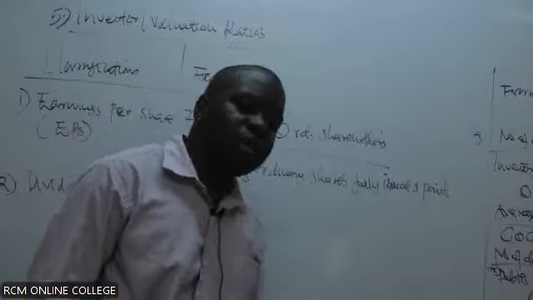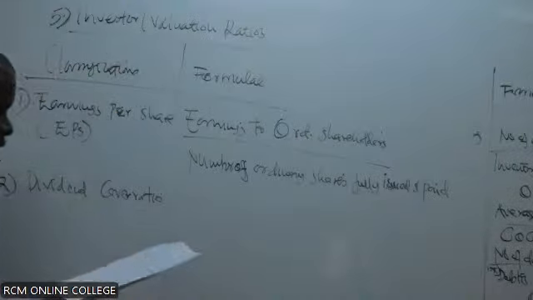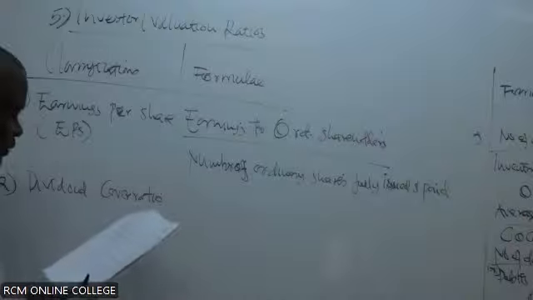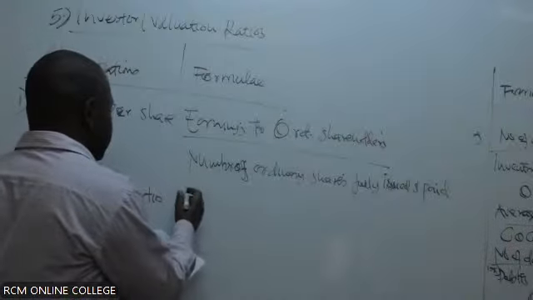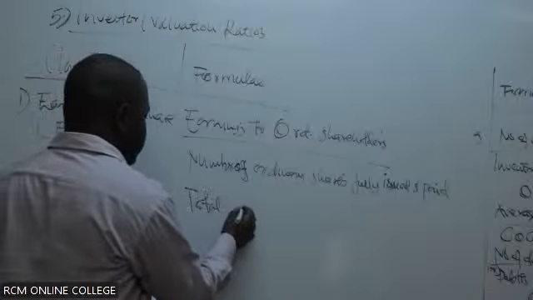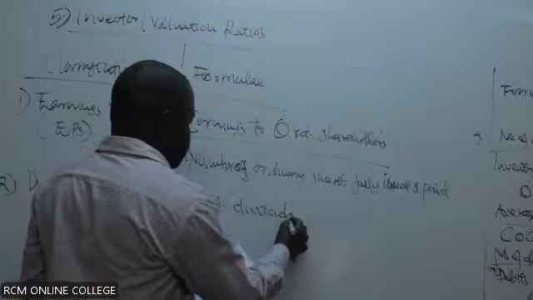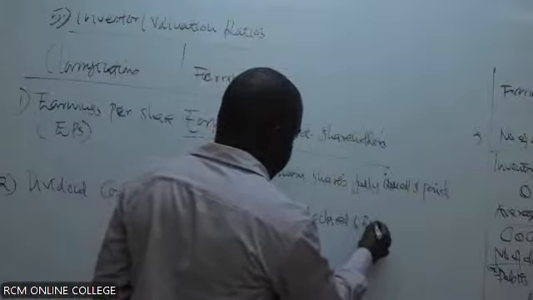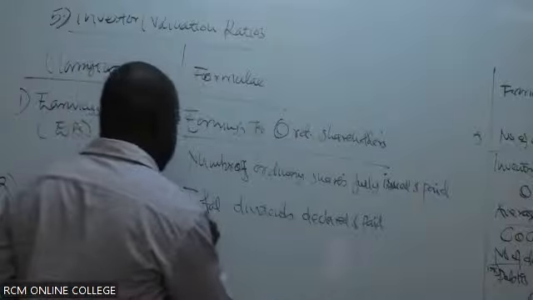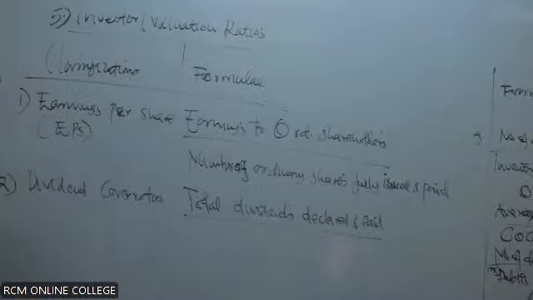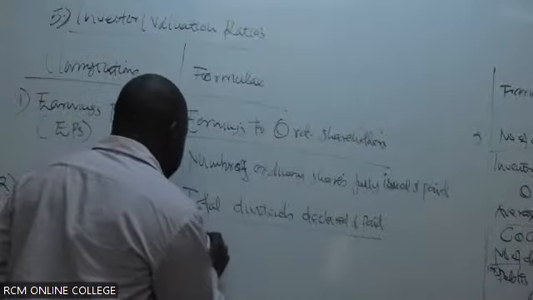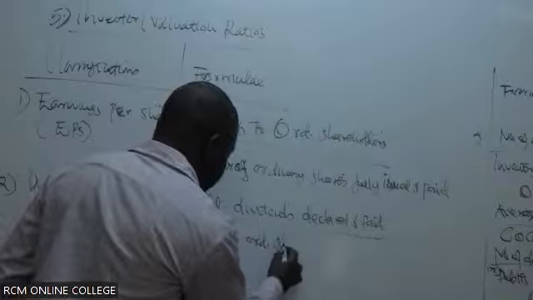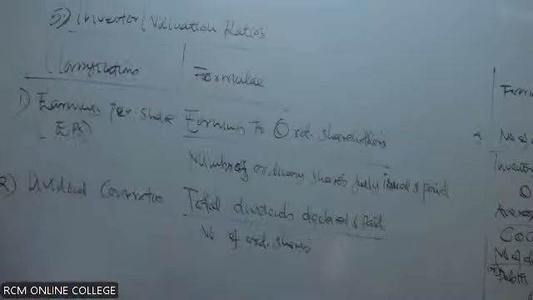You take the total dividends declared and paid, and you divide by the number of ordinary shares.